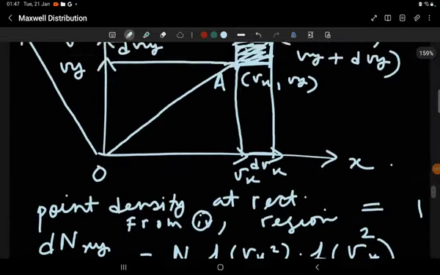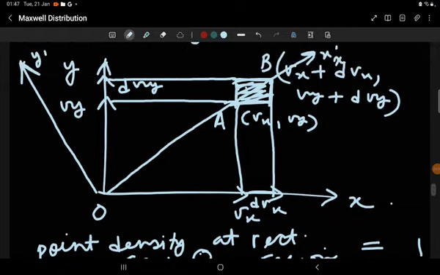Remember that this point vx comma vy was actually the resultant of vx and vy, and this was the vx dash in the new coordinate system.